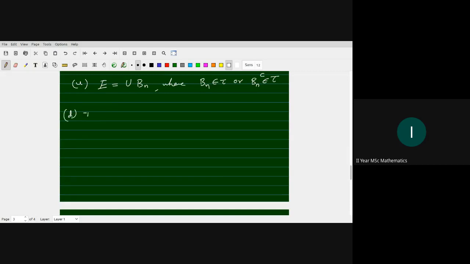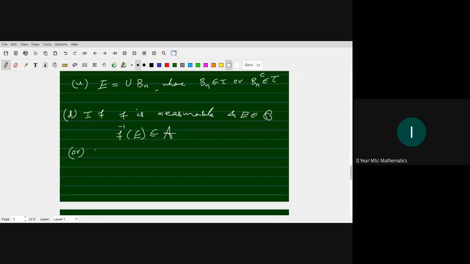Next one, D: if f is measurable and E belongs to script B, that is, E is a Borel set, then f inverse of E is measurable, right? But we already know that tau is a subclass of omega.